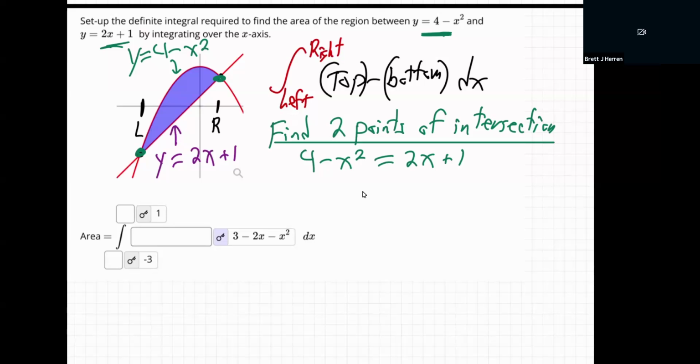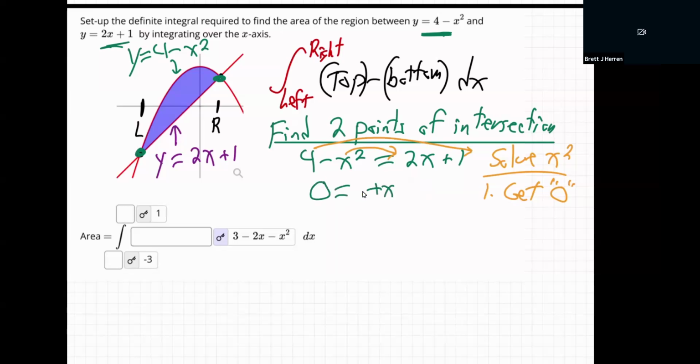So how do we solve an x squared equation? Step one, get a 0 on one side. So I'm going to bounce this over here and bounce this over there. That'll leave 0.